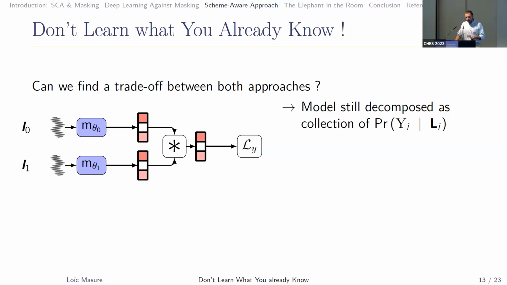And how do we do that? Well, we keep our sub-models here that take as inputs only the pieces of traces depending on one share specifically. We combine them here before computing the loss function, and then we train these models jointly according to the overall loss function. How can we do that?